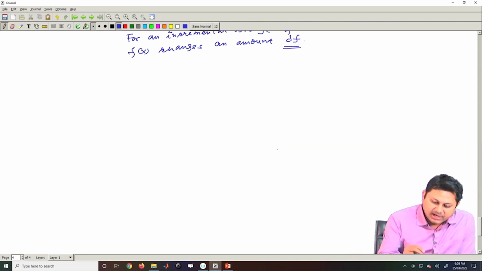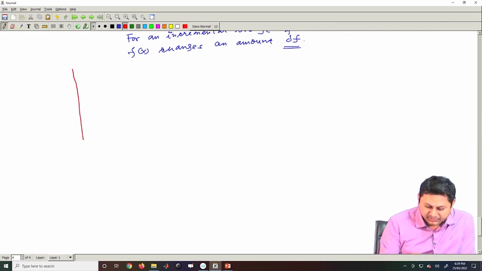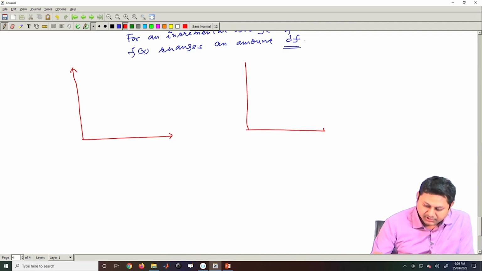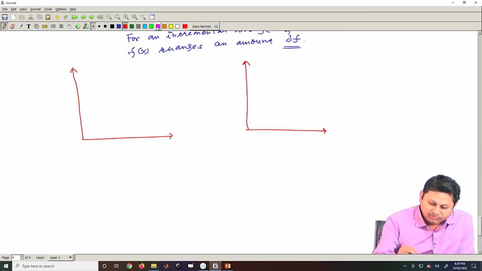Well, different kinds of functions we can have. Let us consider two different two-dimensional functions. In one case, say this is my f(x) versus x.